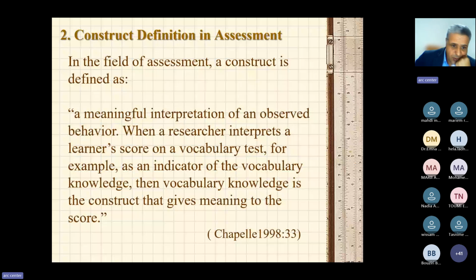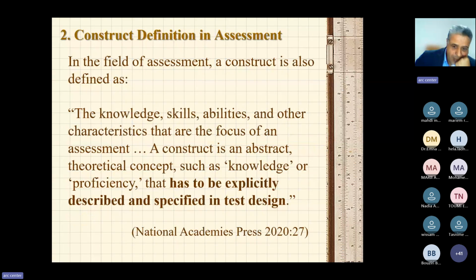Another definition of construct, by the National Academies, quite recent, in 2020: it is the knowledge, skills, abilities, and other characteristics that are the focus of an assessment. So a construct is an abstract theoretical concept such as knowledge or proficiency that has to be explicitly described and specified in a test design.